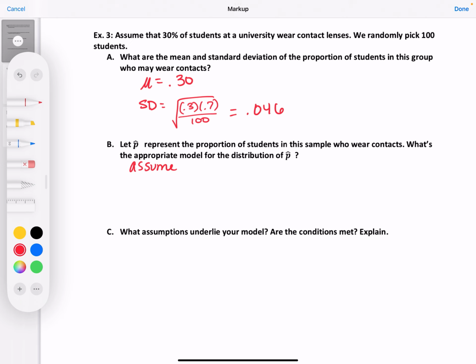Okay, so assume the conditions are met first. What kind of model would we use then? Normal. Yep. Normal model. And so we would do that for a mean of 0.3 and standard deviation of 0.046. That's just the mean and standard deviation.